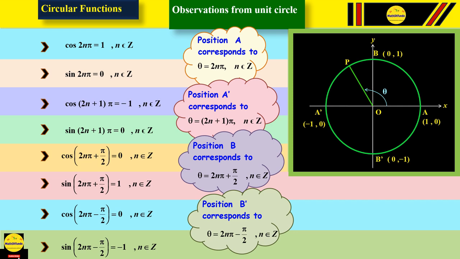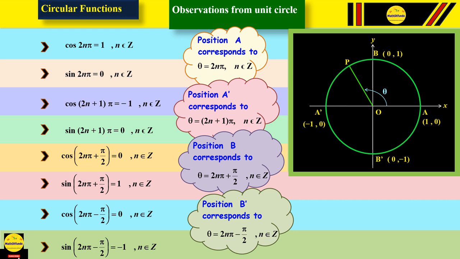If I remove this picture, if I remove these clouds from here, and if I just give you a list of formulae kind of thing, then you will try to mug them up, which is actually not the right way to understand trigonometry. There is some reason behind every formula, and if you know it, then you will be able to write on your own also, just remembering the figure, that unit circle, and you would be able to write these formulae, right?